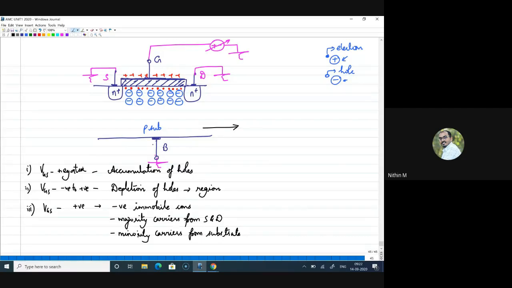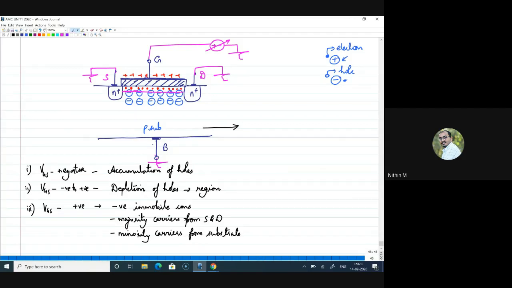How did it get inverted? Because of the application of positive voltage to the gate. Because of the attraction of the positive charges, electrons have moved from source and drain, and that actually formed a layer beneath this gate, right? So I'm talking about this region.